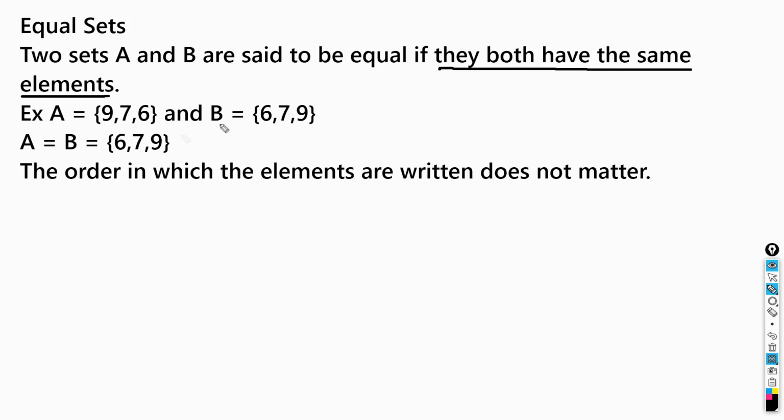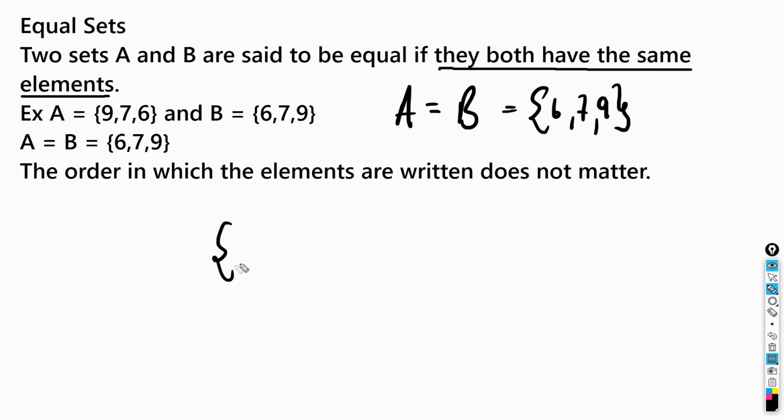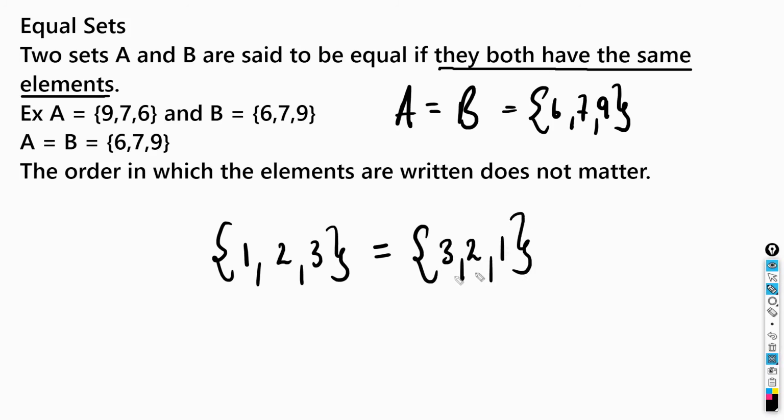Now this says here A is equal to B, which is equal to {6, 7, 9}. And it says the order in which the elements are written doesn't matter. It does not matter. So if you have a set {1, 2, 3} and you write it in the opposite direction, meaning you write {3, 2, 1}, they're still equal to each other.